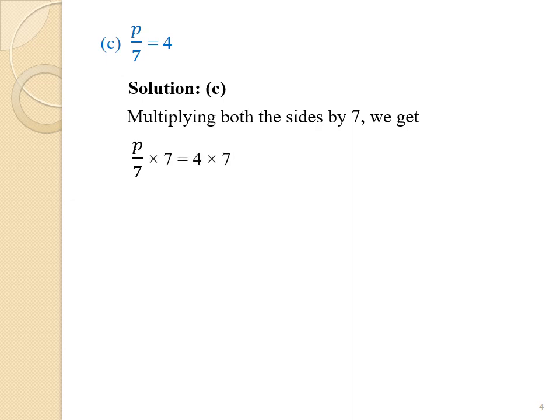By cutting the common 7 and multiplying 4 by 7, we get P equals to 28. So, P equals to 28 is the solution of P upon 7 equals to 4.